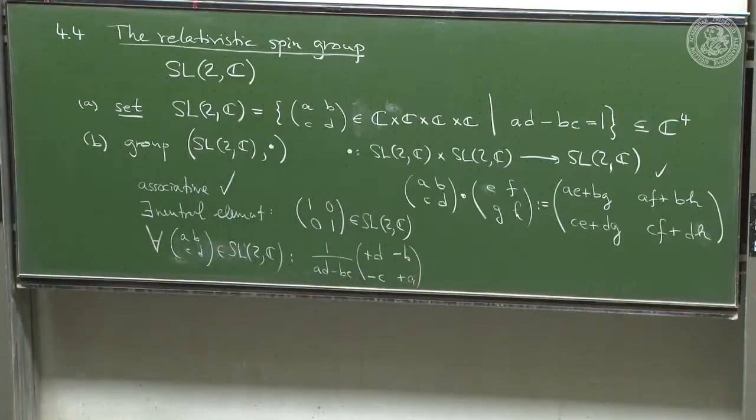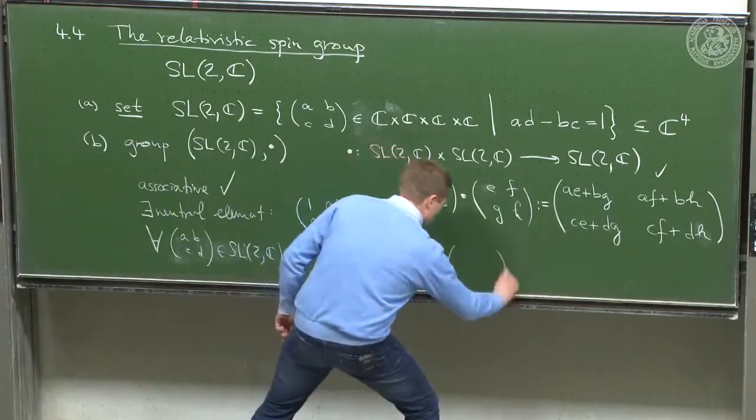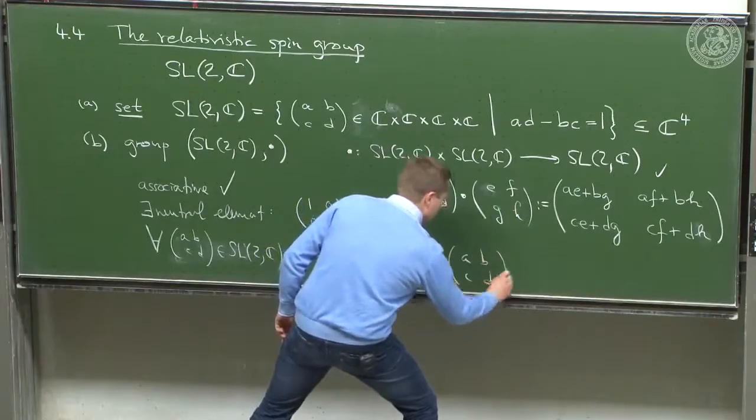Otherwise, you please look it up. But I think this is the inverse. So we would denote this (A, B, C, D) inverse.